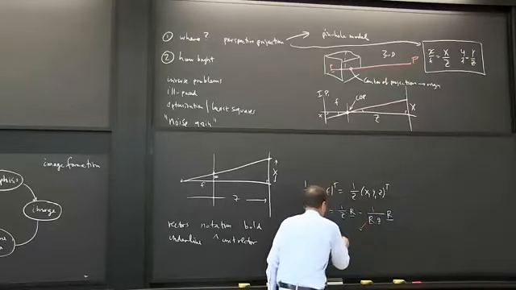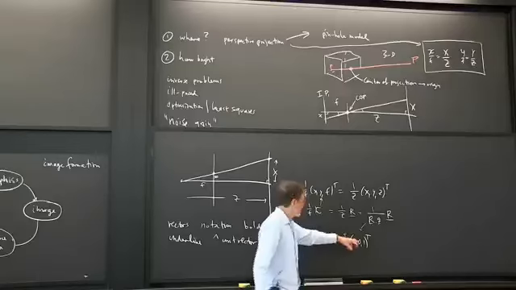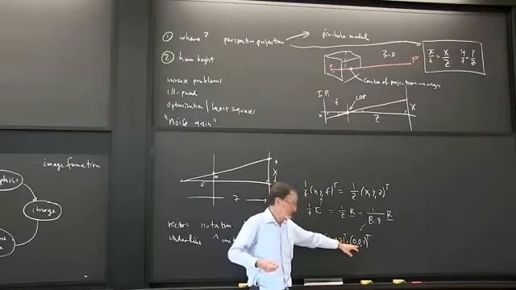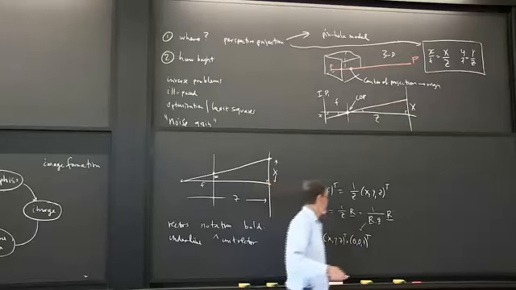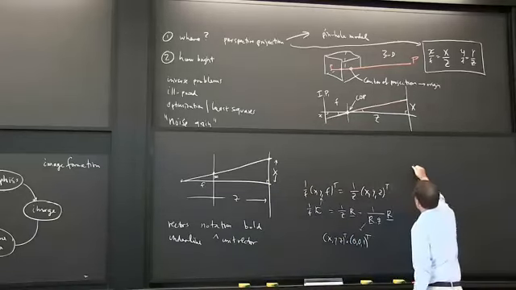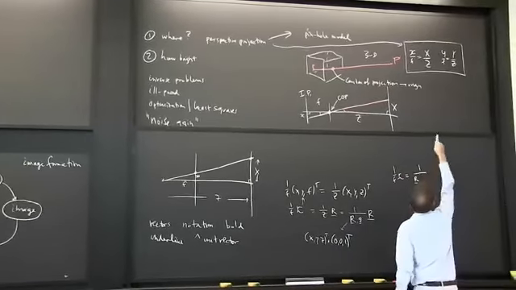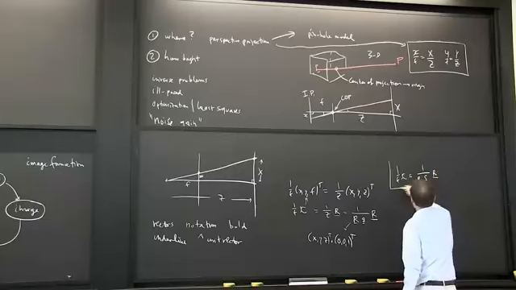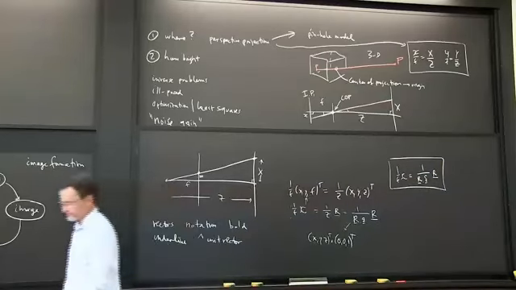So that's (X, Y, Z) transpose dot (0, 0, 1). The unit vector in the Z direction along the optical axis is just (0, 0, 1). And so I finally have the equivalent of the equations up there in component form. I have it here in vector form. So that's perspective projection in vector form.